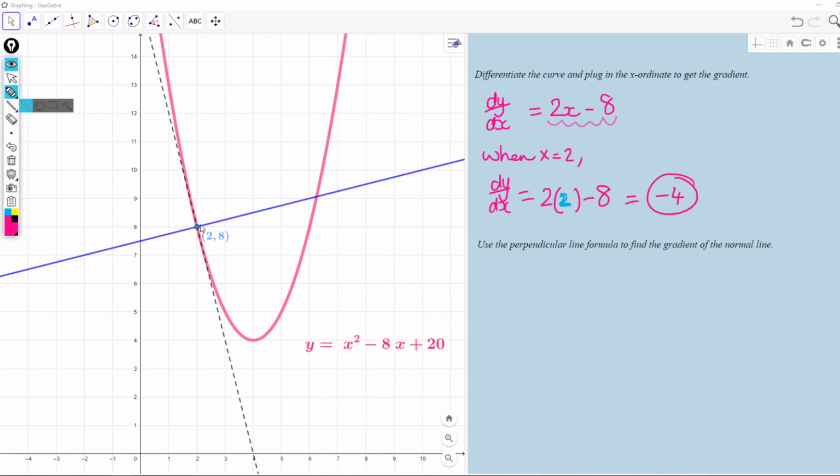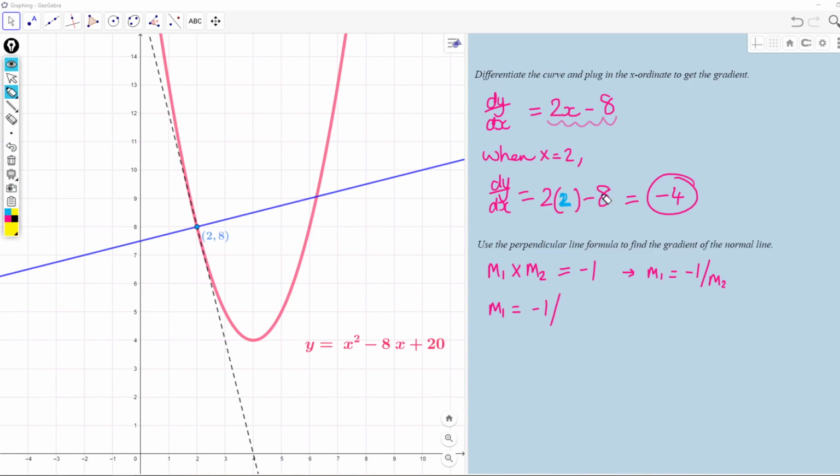We need to find the gradient of this perpendicular line. And the perpendicular line formula is as follows. If you have two lines that are perpendicular, then their gradients, m1 and m2, should multiply to give -1. Now that formula can be rearranged slightly, and you can think about it as -1 over the regular gradient. So in this case, we've got a gradient of -4.